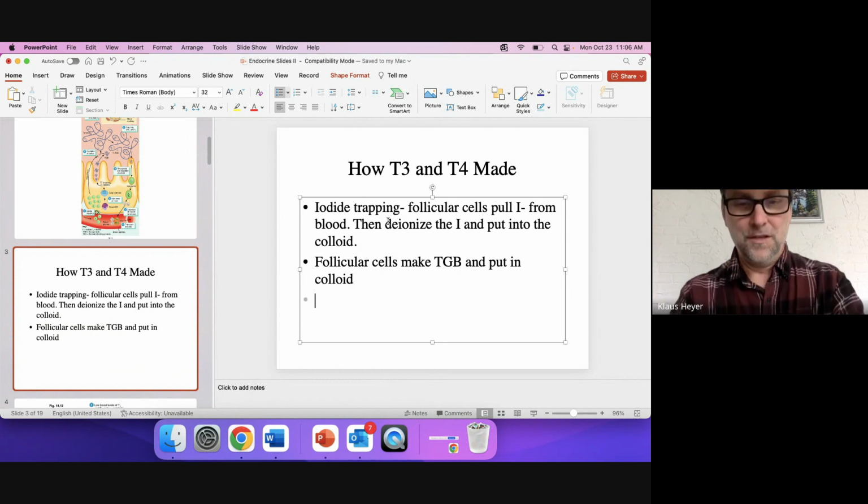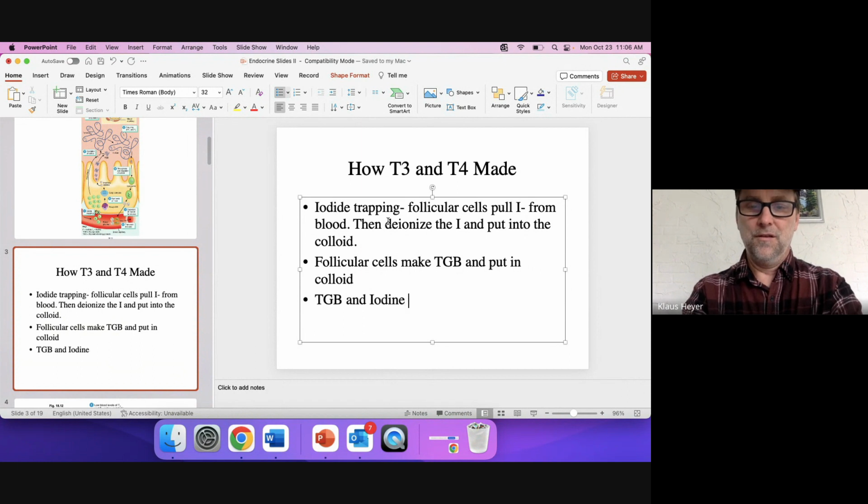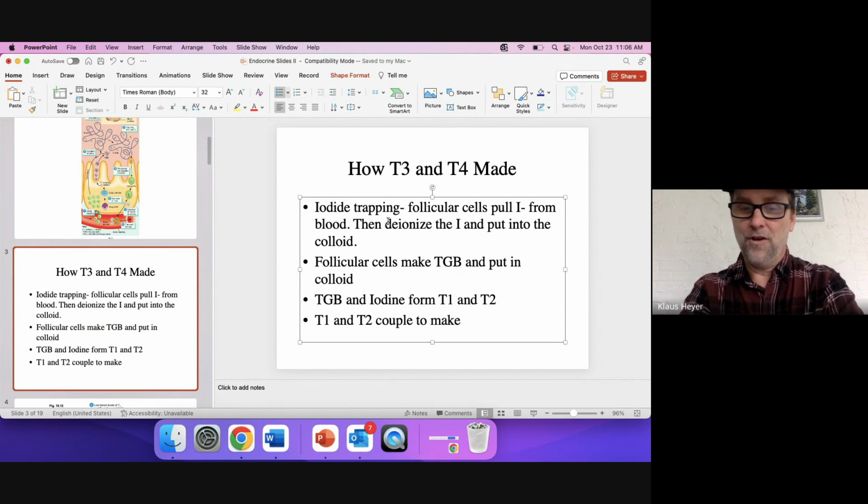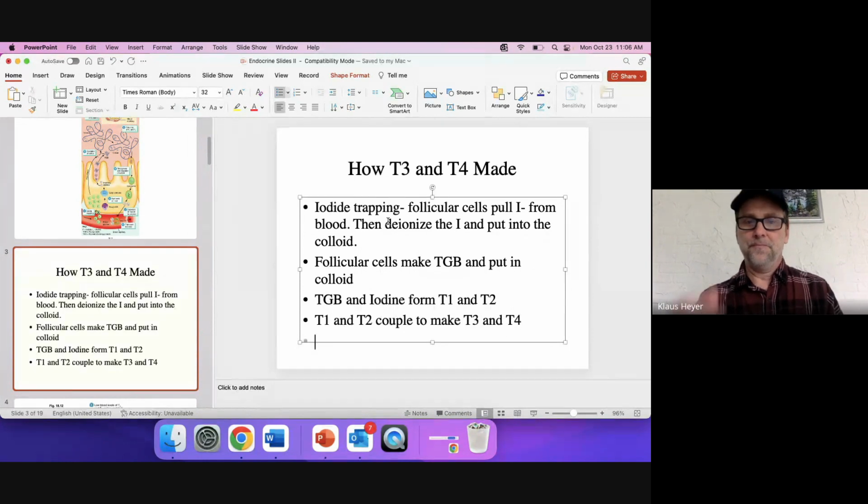Next, TGB and iodine form T1 and T2. The T1 and the T2 are going to couple to make our final product, T3 and T4.